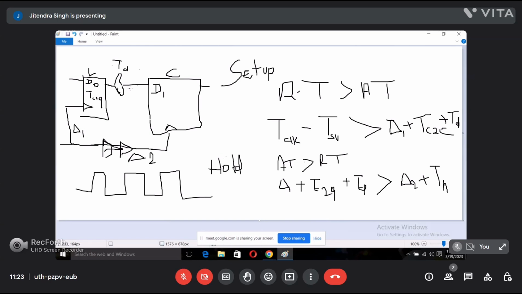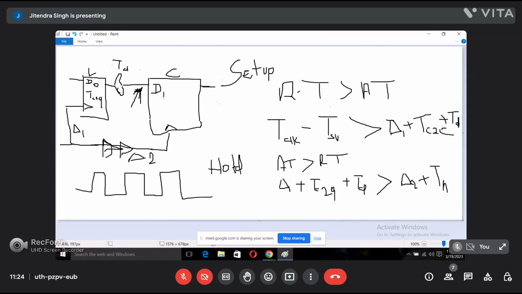In which pin are you checking the setup actually? In the D1 pin, this pin. How? Tell me.